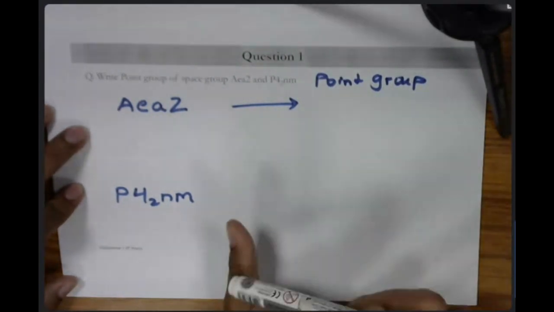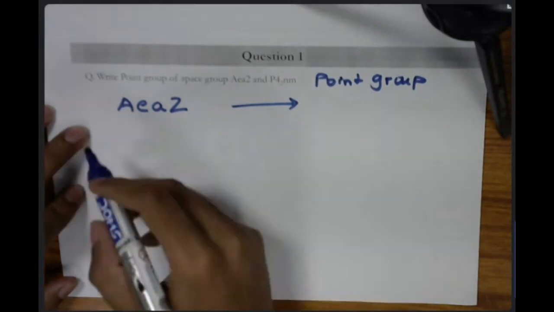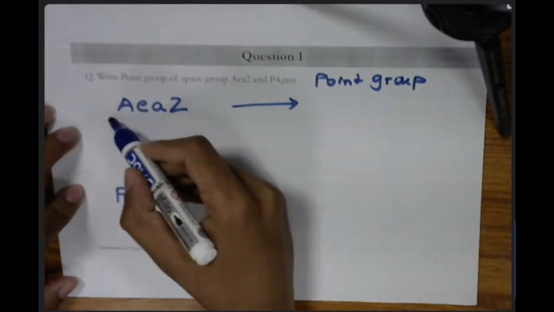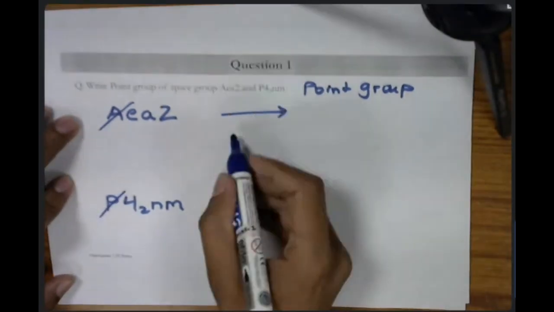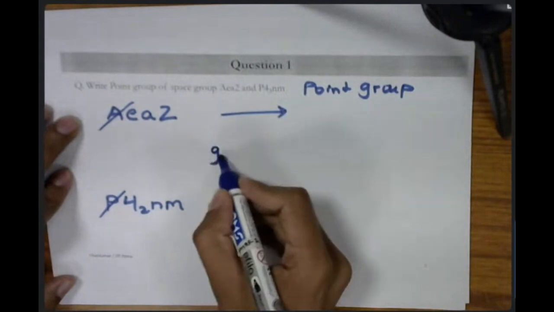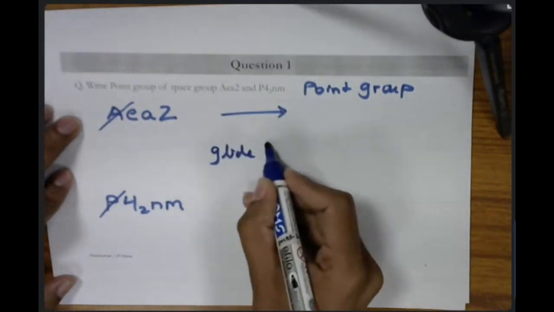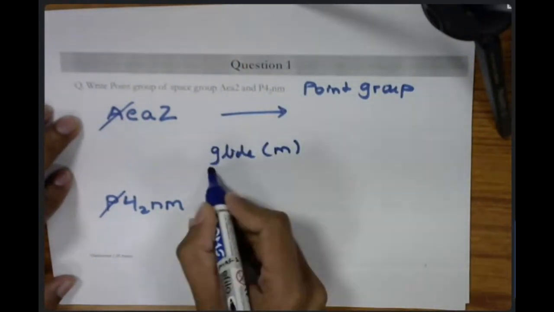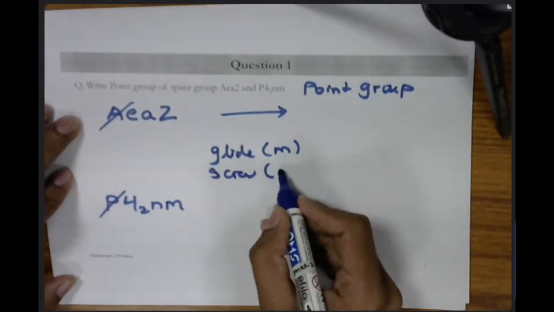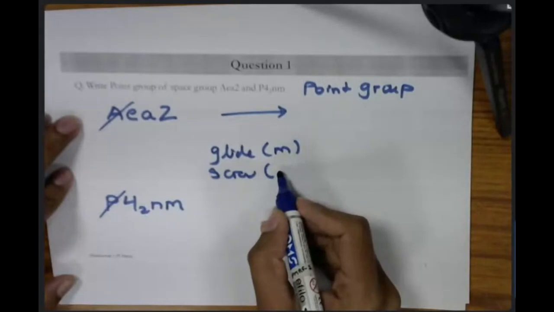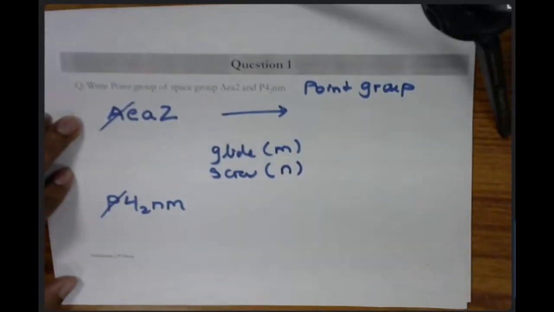The first rule is that we will eliminate whatever centering information is given to us. If there is a glide, we'll convert it to a mirror. If there is a screw, we'll directly convert it to a rotation, whatever the fold of rotation given.